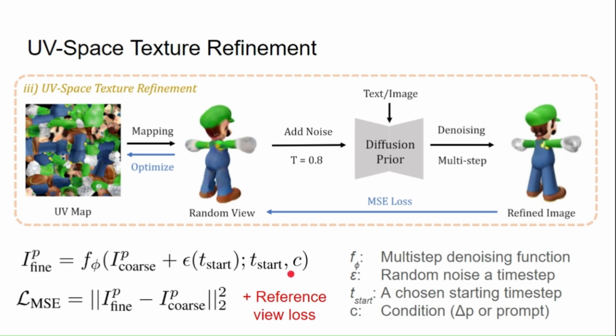And also, it could include a condition, which depends on the mode. It could either be the difference in camera pose or the text prompt. And then we can use this as one of the loss functions. The author also mentioned that it also adds the reference view loss using the given input image.